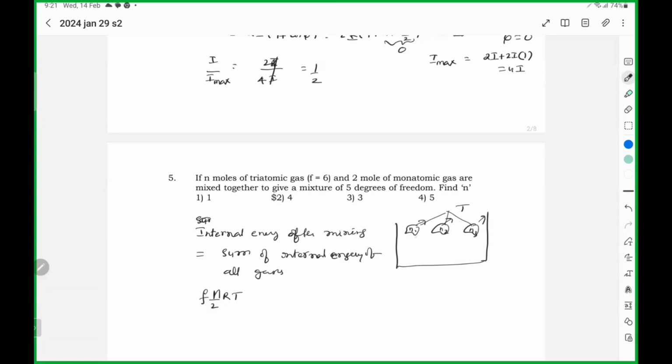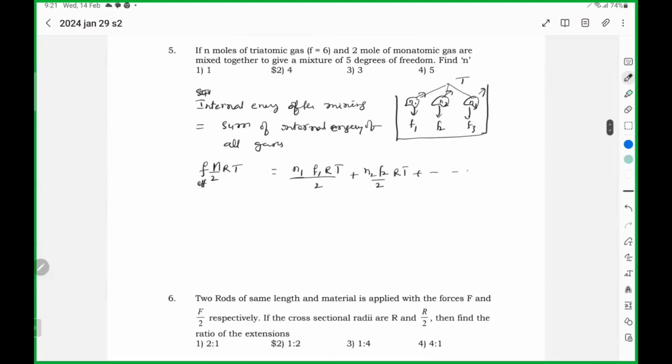So here n1 moles, each molecule having f1 degrees of freedom, here f2 degrees of freedom, like this. This is the effective degrees of freedom. Here it is n1 f1 RT by 2 plus n2 f2 RT by 2. So RT is everywhere, 2 also everywhere.